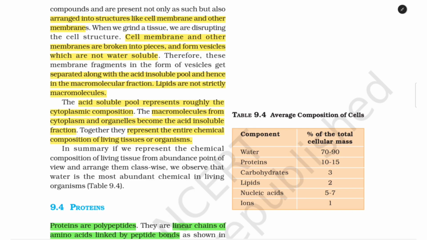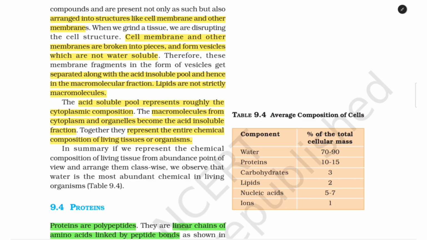Cell membrane and other membranes are broken into pieces and form vesicles which are not water soluble. Therefore, these membrane fragments in the form of vesicles get separated along with the acid insoluble pool and hence in the macromolecular fraction. Lipids are not strictly macromolecules.